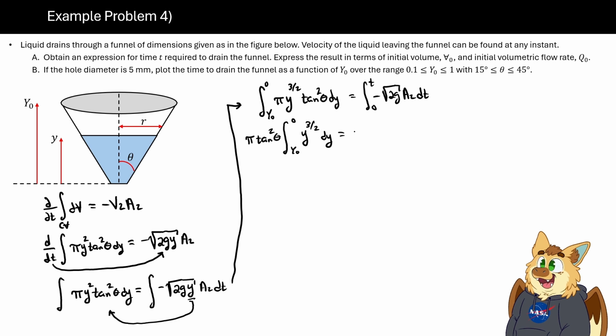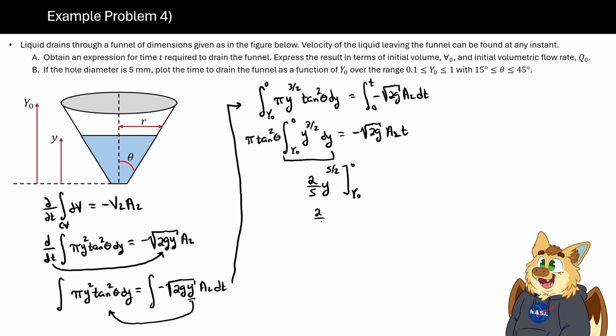And then this integral would just be square root of negative 2g a2 times t. Very simple integral there. And then after you evaluate this integral, I'm going to write this down here and then erase it just so I can kind of stay on the same slide here. But this ends up becoming 2 over 5 y to the 5 over 2 evaluated from y naught to 0.